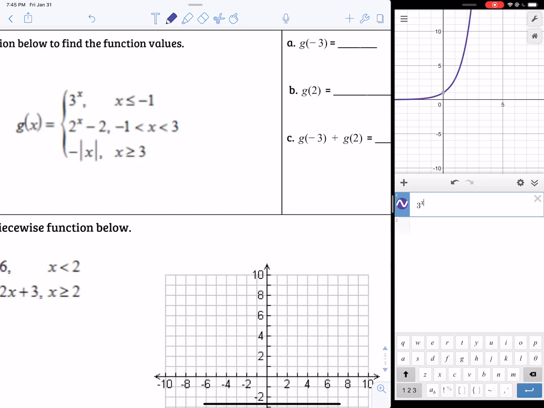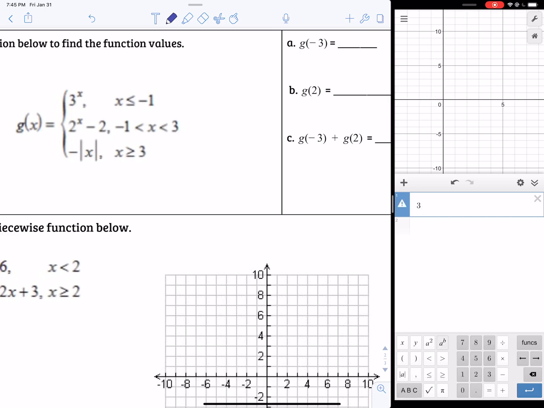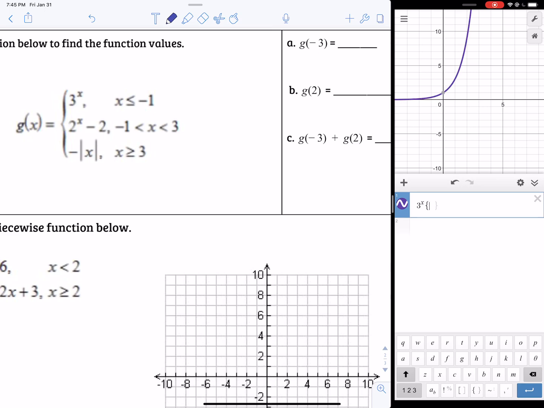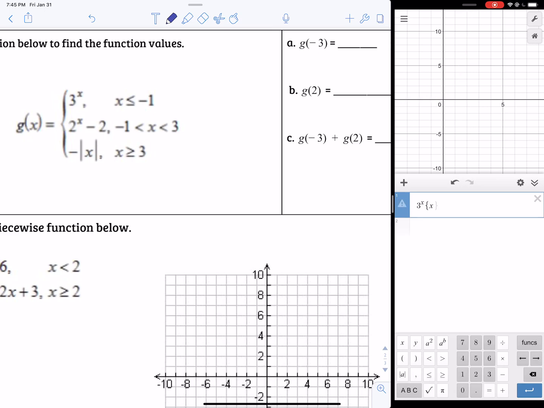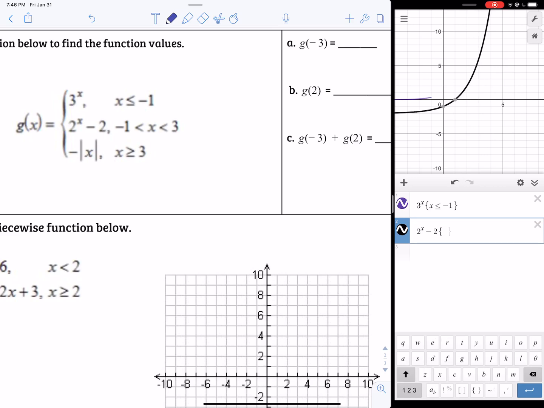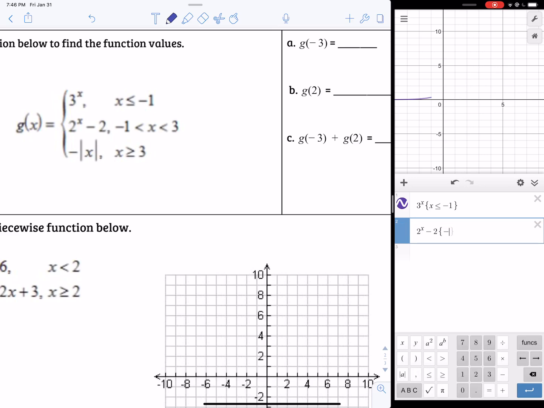So I've got 3 to the x, and then I need to put, let me do that again, 3 to the x power. I need to scoot over and put in the curly brace and put x is less than or equal to -1. And then, let's see, we need to type 2 to the x minus 2, and then put the little brace beside that and put -1 is less than x is less than 3.